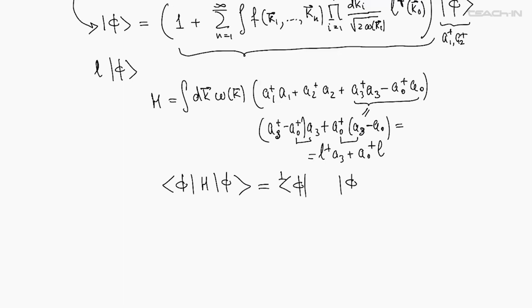And from the original H, the contribution will come only from this part, which I denote by H transverse. So H transverse, if you wish, is the same thing, but with transverse oscillators only, like this.